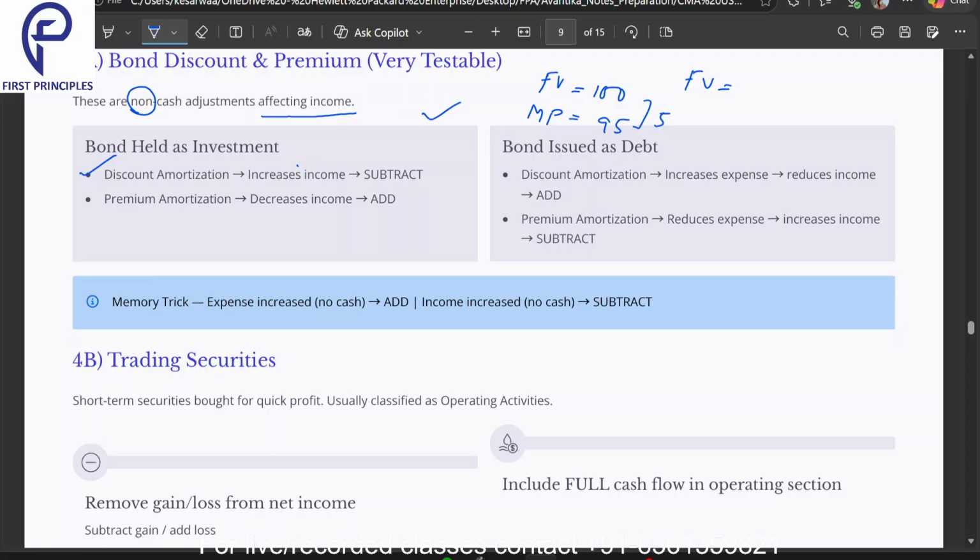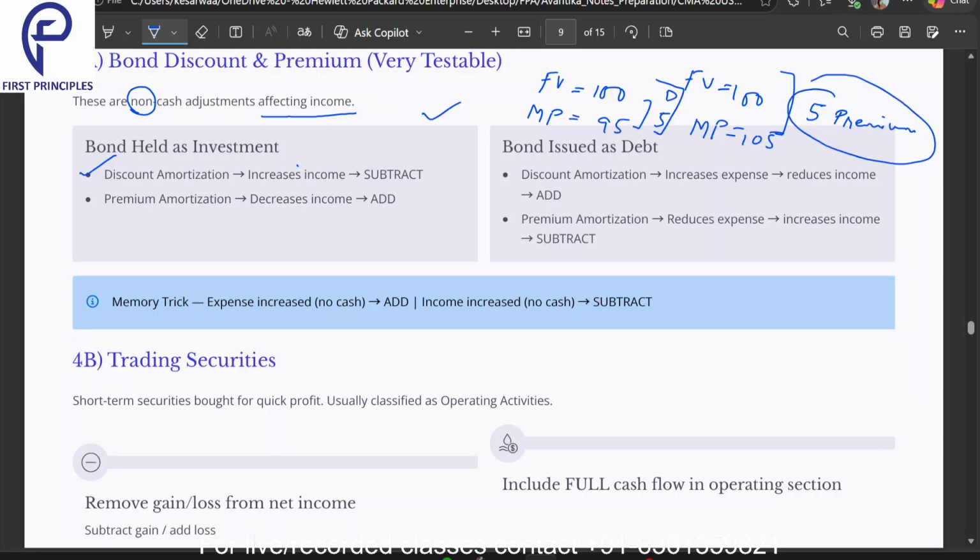Face value is again 100, and the market price, the price at which we will buy, will be 105. So this 5 is the premium, because we are paying extra. Okay, so discount and premium are clear.